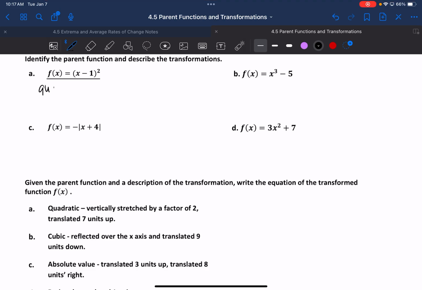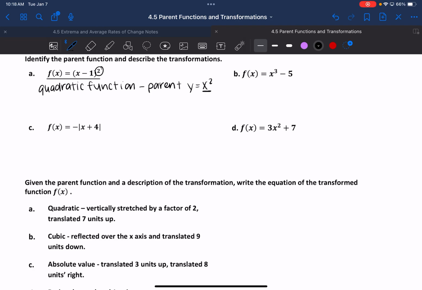So this is the quadratic function, which is just that parent function of y equals x squared. So this square was what gave it away. And then they want us to identify any changes that have been made from the parent function.